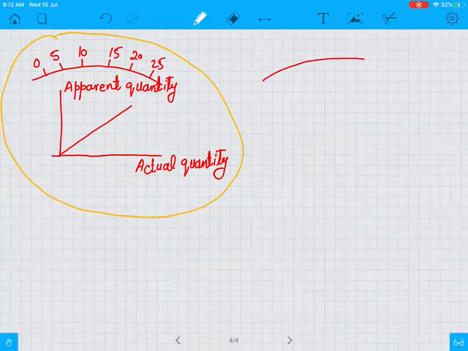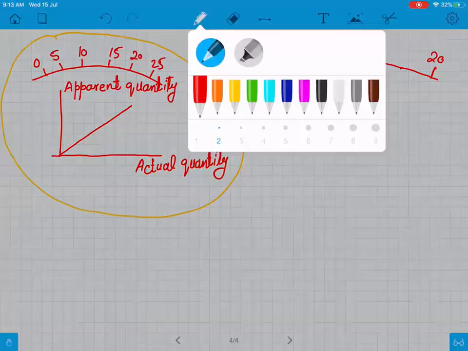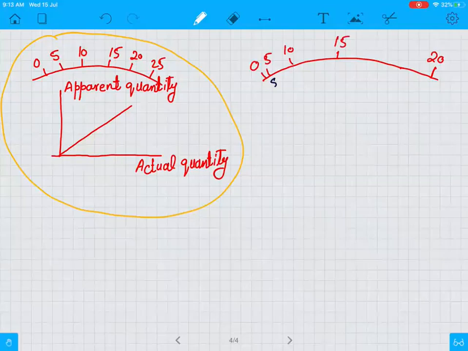Second example is when the sensitivity is increasing with the increase of value. So this device is becoming more sensitive towards high temperature, towards high value. So sensitivity is increasing.